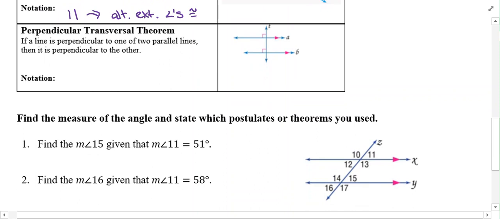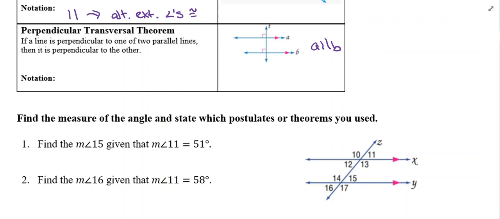Perpendicular transversal theorem tells us that if we have two lines parallel, so we know ahead of time that A is parallel to B and that T is a transversal that is cutting the two of them, if that transversal is perpendicular to one of the parallel lines, it is perpendicular to the other.